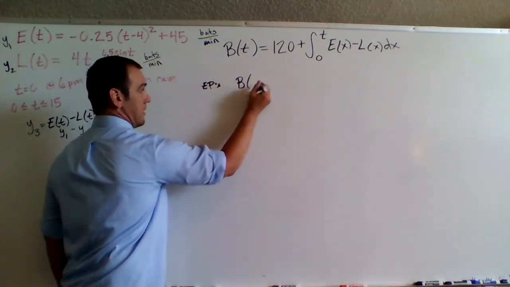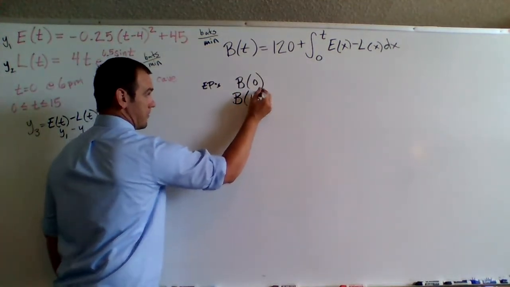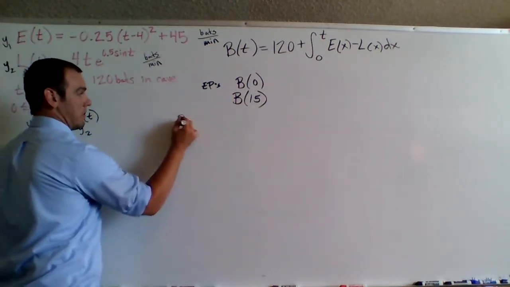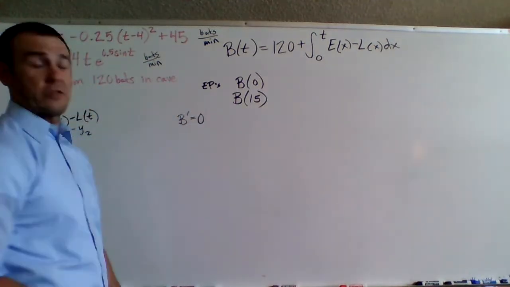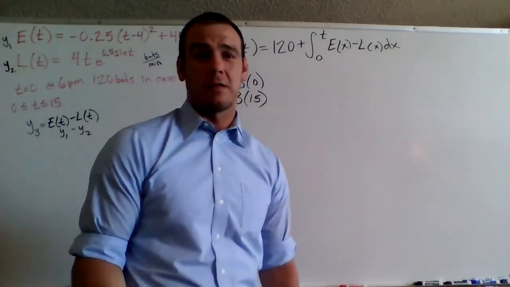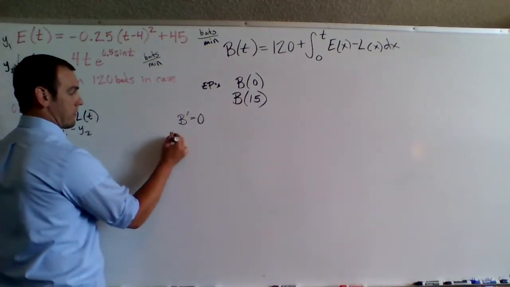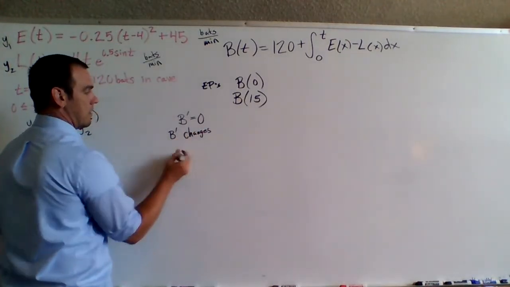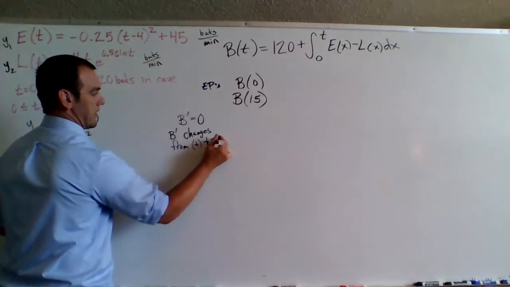Okay, so we're going to have to find B of 0, and we're going to find B of 15. We also are going to need to figure out when B prime equals 0, or since it's specifically asking for a maximum, you could exclude possibly some of these and just figure out when B prime changes from positive to negative.